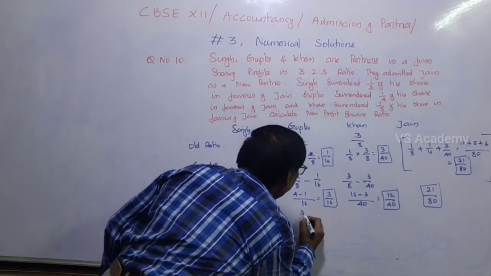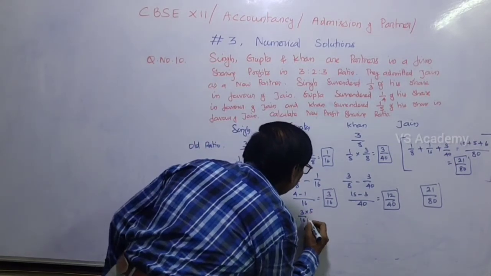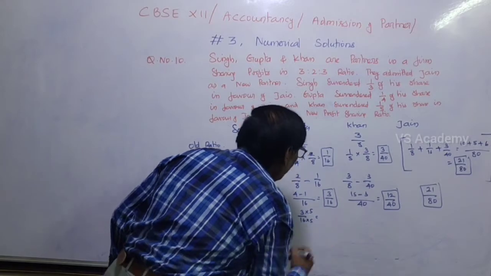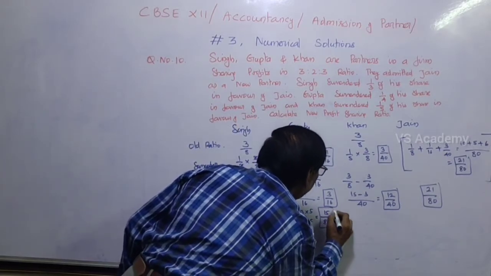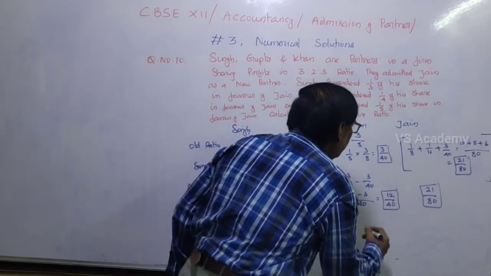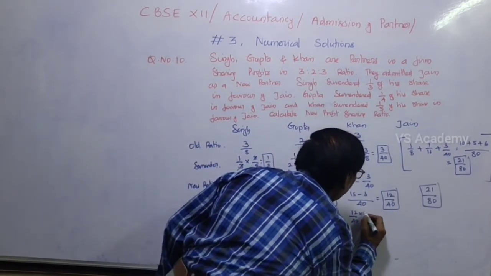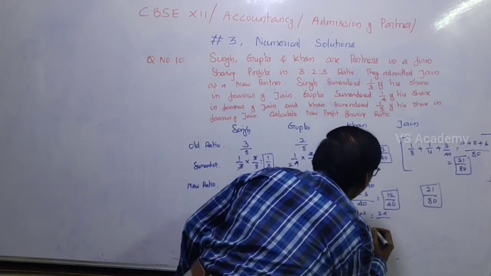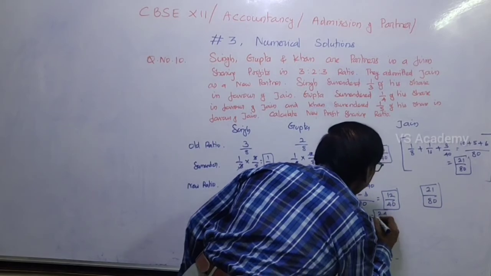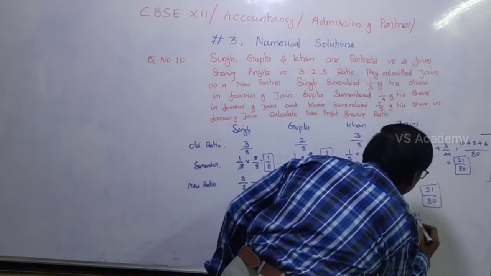Here 3 divided by 16, we have to multiply both the numerator and denominator by 5. So 15 divided by 80, and then here 12 divided by 40 we must multiply by 2. So 24 divided by 80, and then here the same 21 divided by 80.